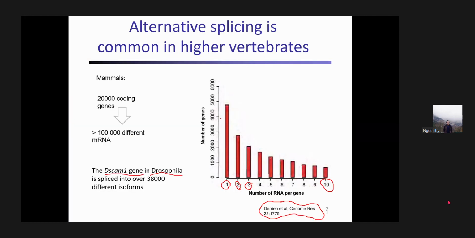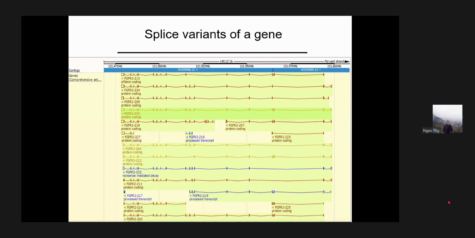For example, take the FGFR2 gene. This gene encodes a cytokine that plays a role in embryonic development. A carrier having a mutation in this gene can have abnormal development of the skull and skeleton during embryonic development, leading to consequences such as intellectual disability when he or she is born.